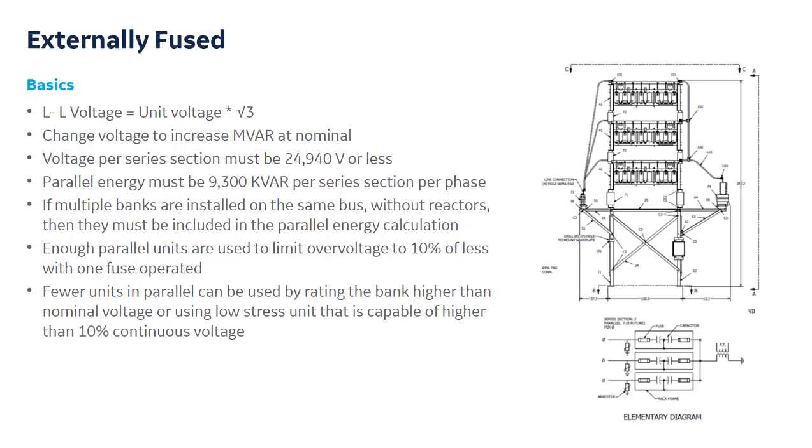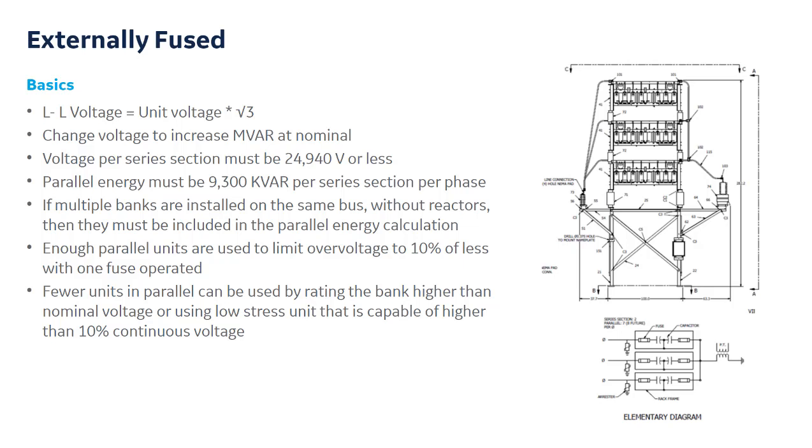So if one externally fused capacitor goes, I'm going to alarm off of one, and then if two go, I'm going to trip that breaker. So at minimum, I'm going to need 4 capacitors in series in order to provide adequate protection.